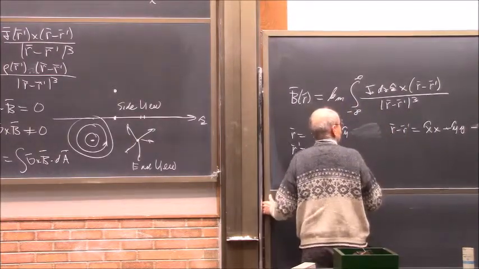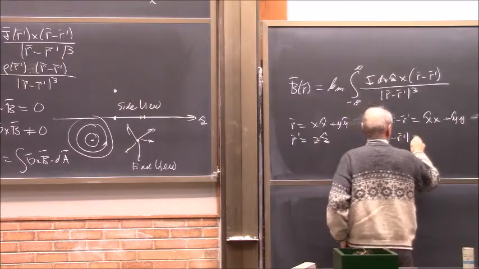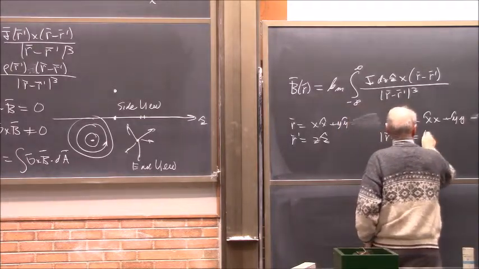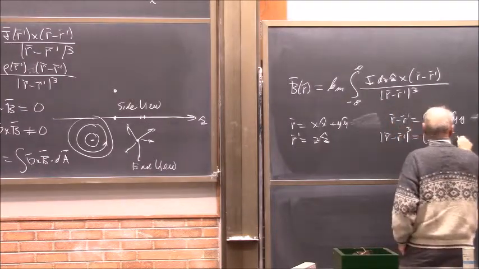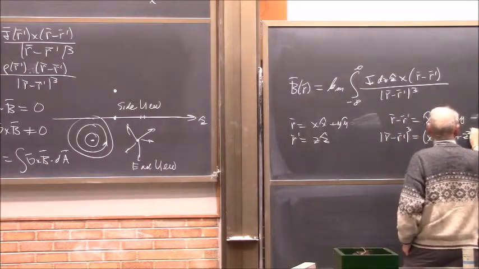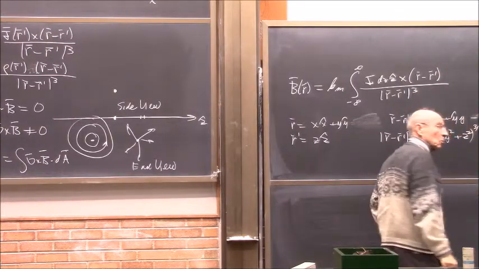And so the magnitude, r minus r prime cubed, is x squared plus y squared plus z squared to the 3/2.